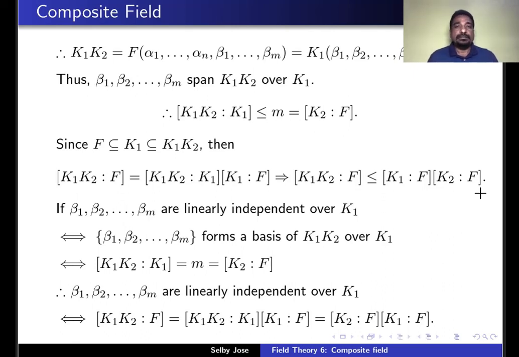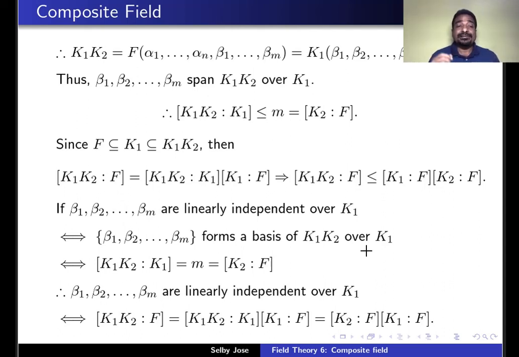For the second part, suppose we assume that beta 1, beta 2, ..., beta m, which is an F basis of K2, is linearly independent over K1. Because beta 1, ..., beta m is a generating set of K1K2 over K1 and it is linearly independent, it forms a basis of K1K2 over K1.